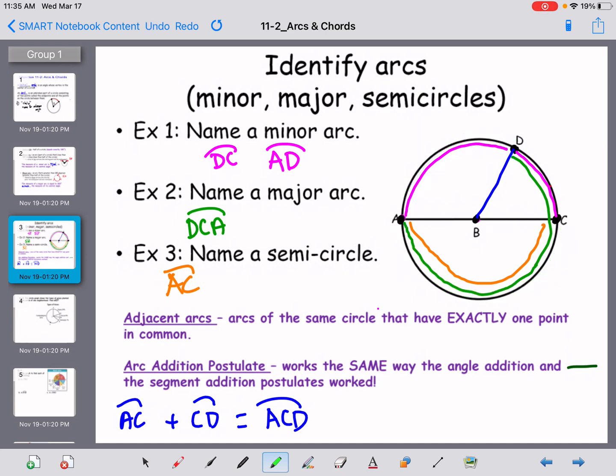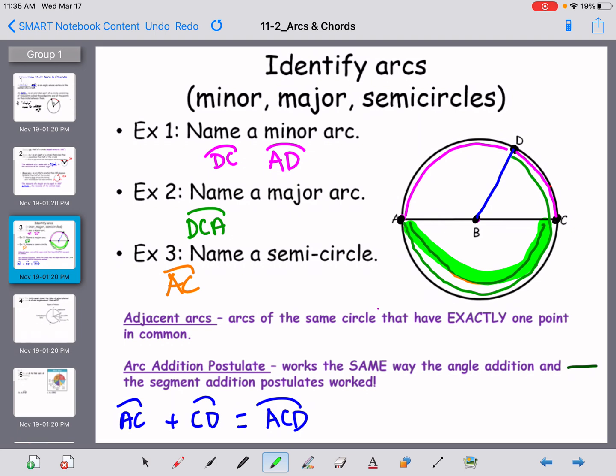Another thing, you could name these a couple of different ways. You could say A, C, D, that could be another major arc. So you won't always have one correct answer when you're trying to name these things. If we wanted to name a semicircle, well, that would be the one in orange right here, and that could be AC.